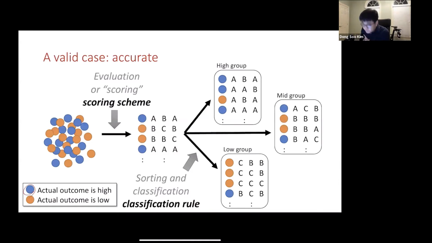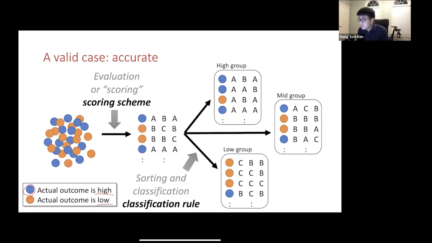A blue entity indicates its actual outcome is high, whereas a red entity indicates its actual outcome is low. Then we just pretend to know nothing of the actual outcomes and just do the classification.